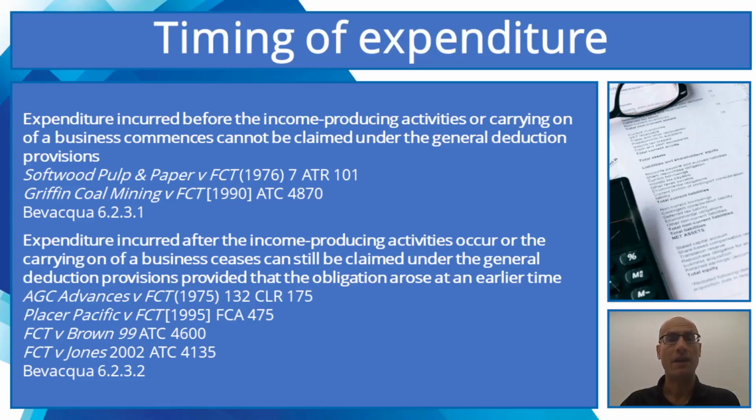And thus, after the business ceases or after the income ceases to be produced, it is still possible to claim a deduction. Again, provided that it still has this necessary logical connection to the original activities.